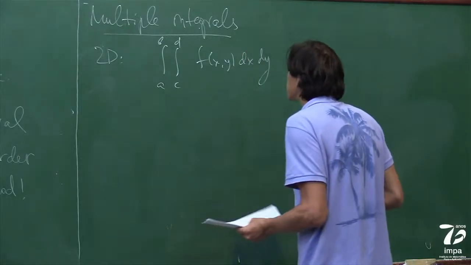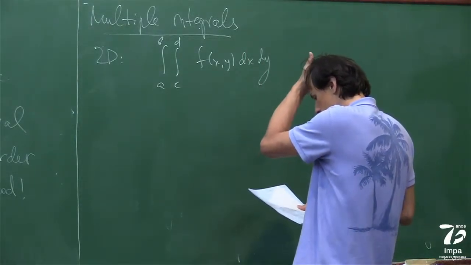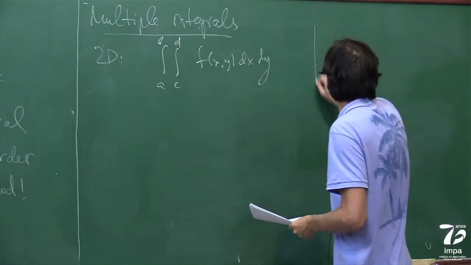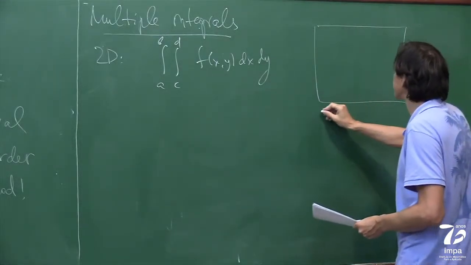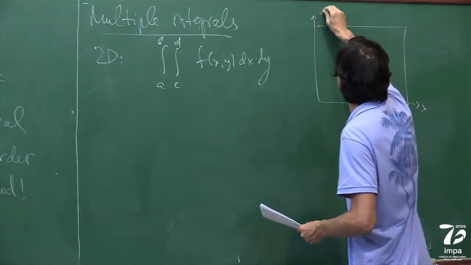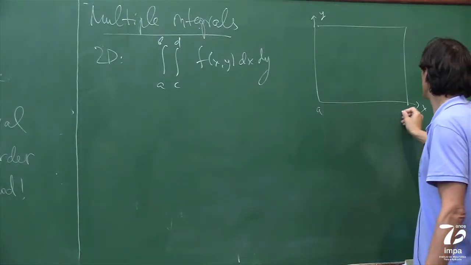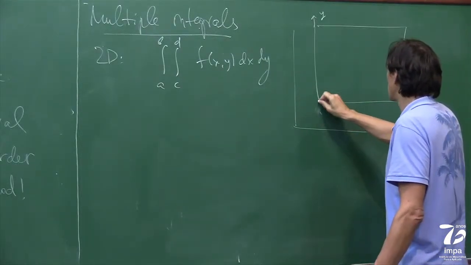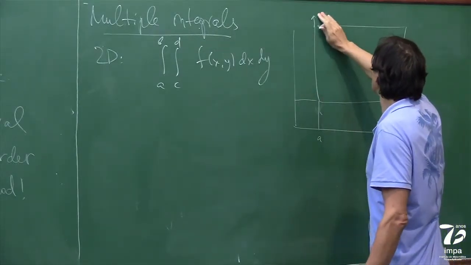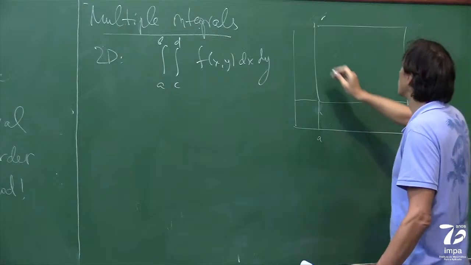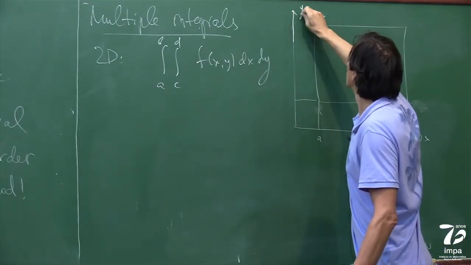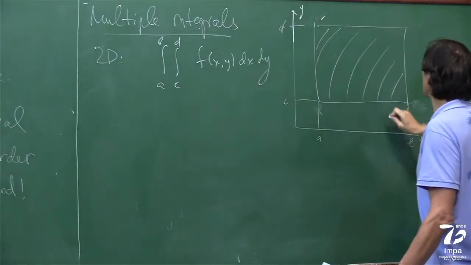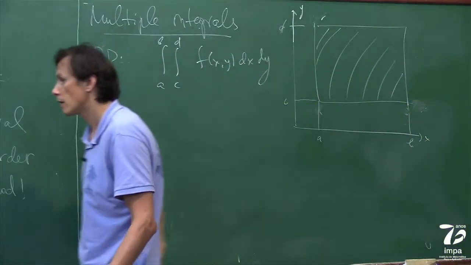So what you do: we have a domain with corners a, b, c, d, and we want to integrate inside. First you can use this composite procedure method.